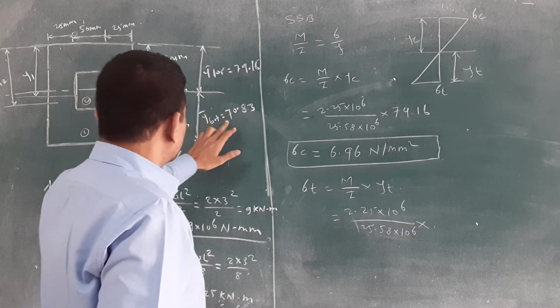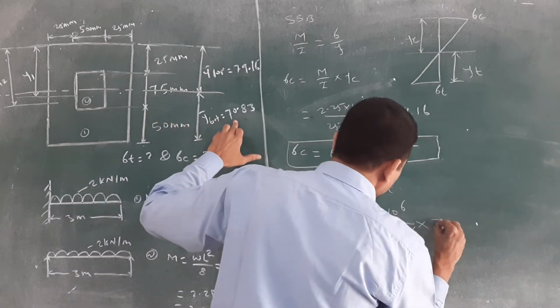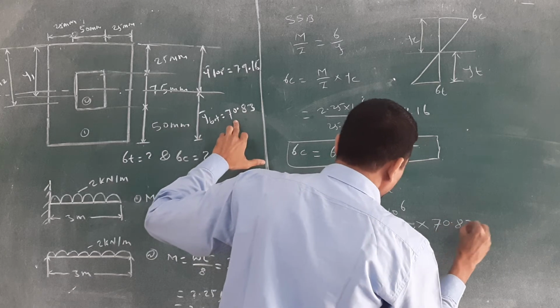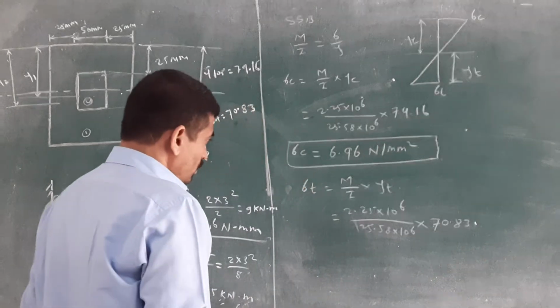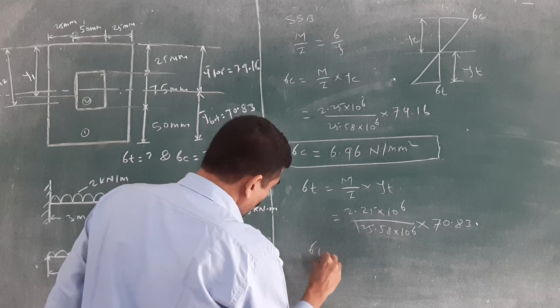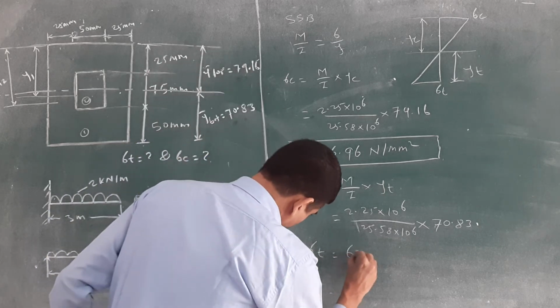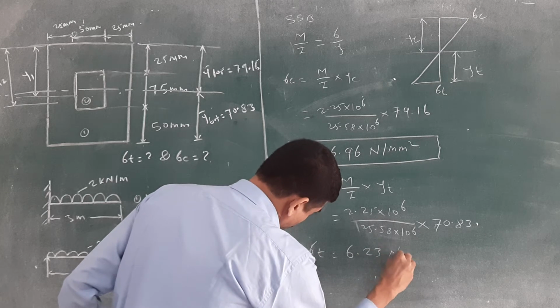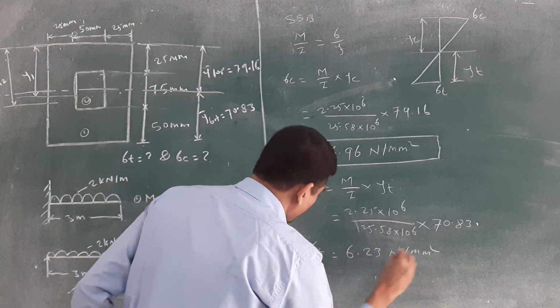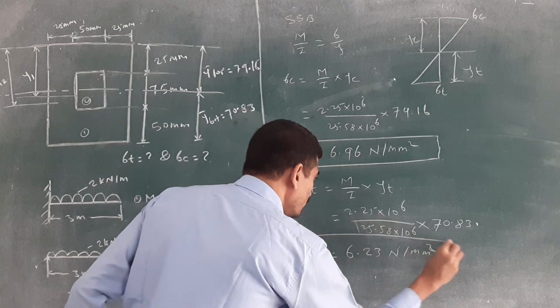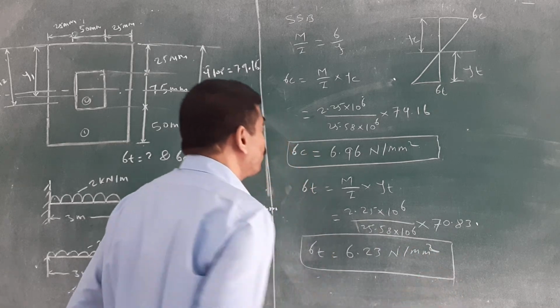Below the neutral axis, means y bar bottom, 70.83. Okay, then what is the value of sigma t? If you have calculated, then you will get 6.23 Newton per mm square. Yes, this is the answer. Okay.